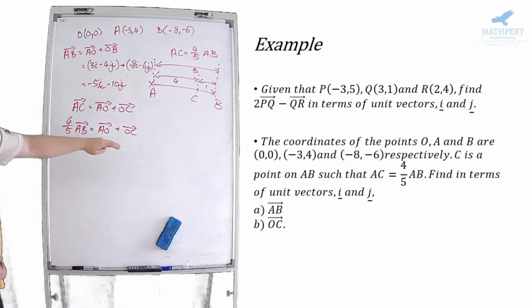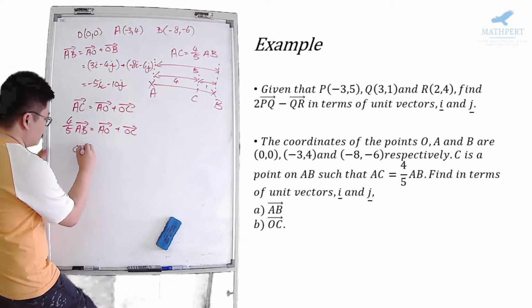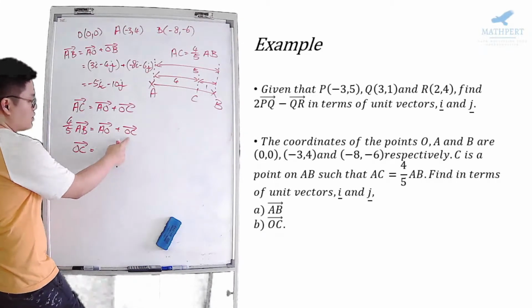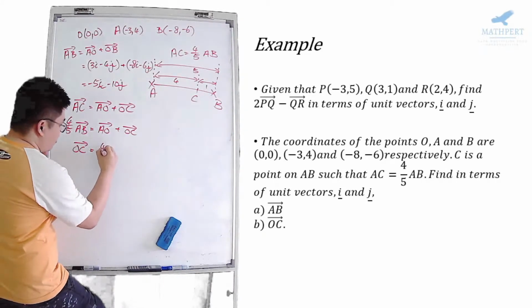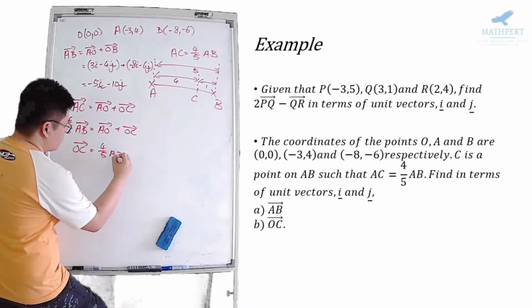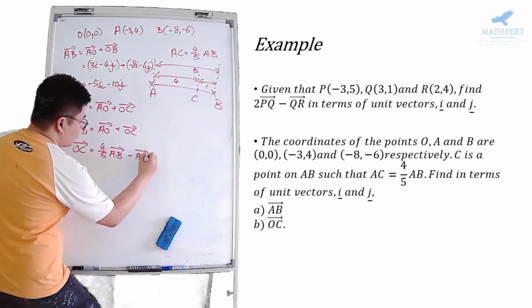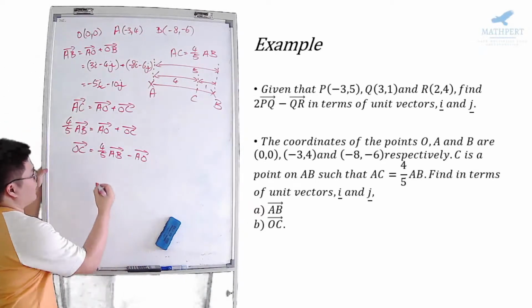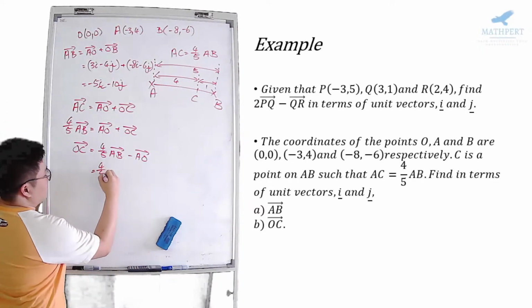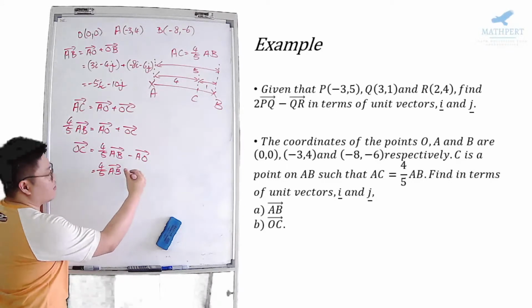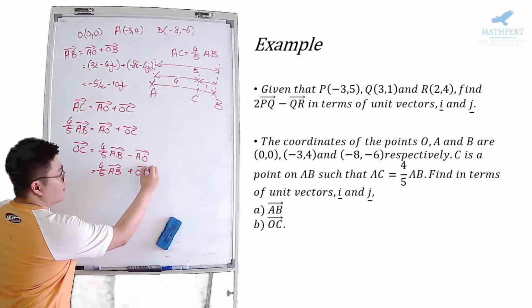I rearrange it to make OC the subject. OC is equal to 4 over 5 AB minus AO. In other words, 4 over 5 AB minus AO is equal to plus OA.